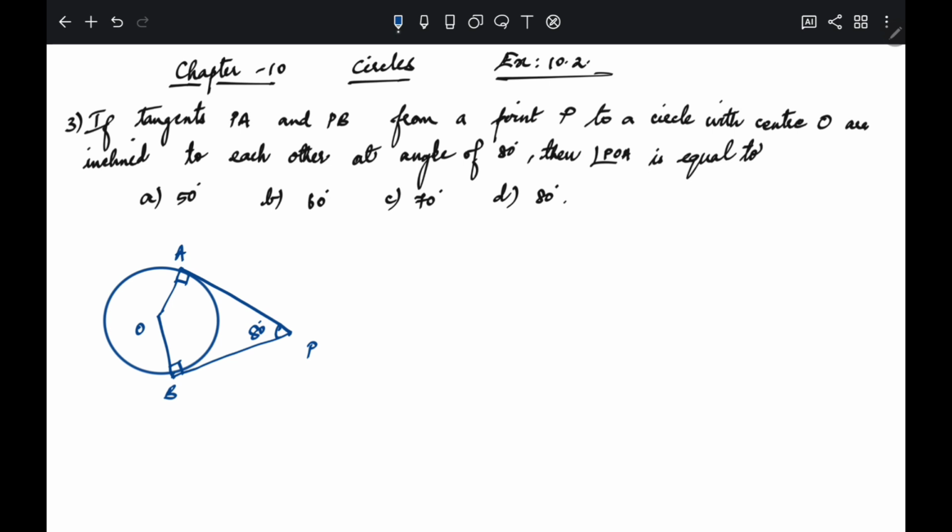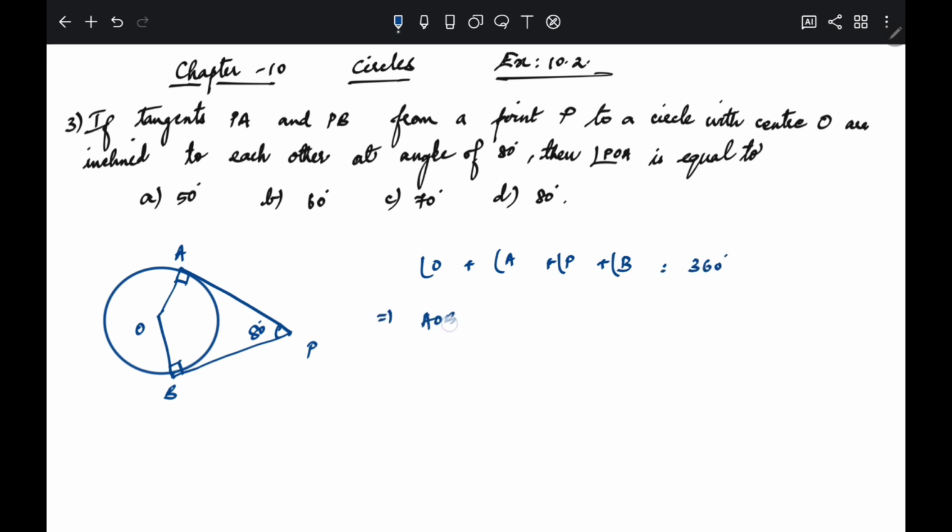Now, in quadrilateral OAPB, since the sum of all interior angles is 360 degrees, we will substitute and find angle AOB. Angle O plus angle A plus P plus B is equal to 360 degrees.